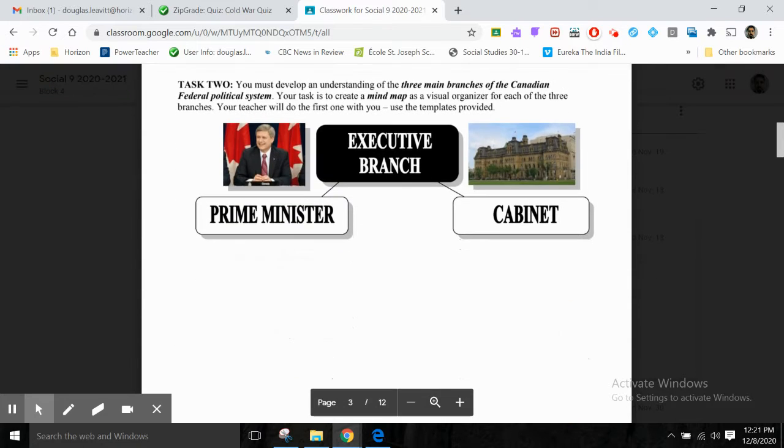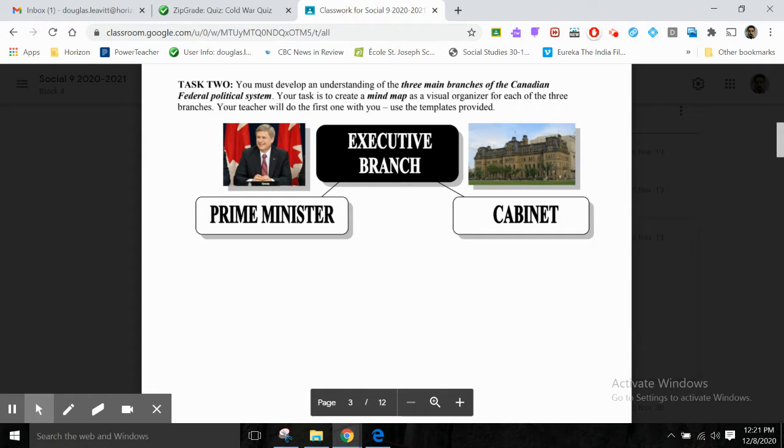All right, task 2, you must develop an understanding of the 3 main branches. As you know, in chapter 1, we look at not the levels so much, but the branches of the Canadian federal political system. So we're looking at the federal level, but within the federal level, we're looking at the 3 branches.